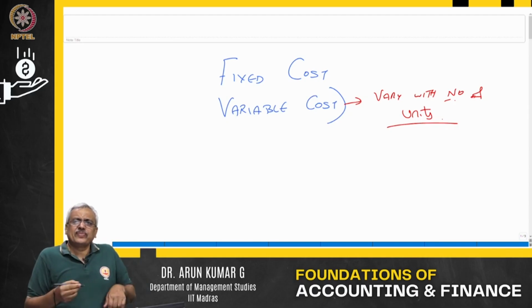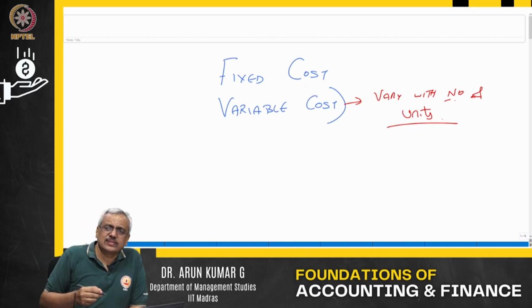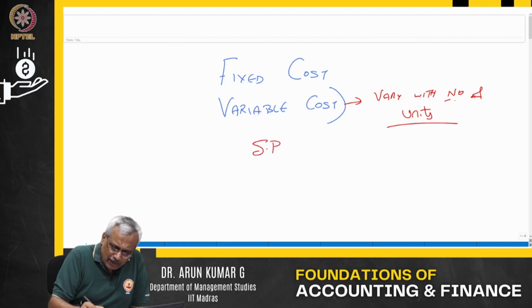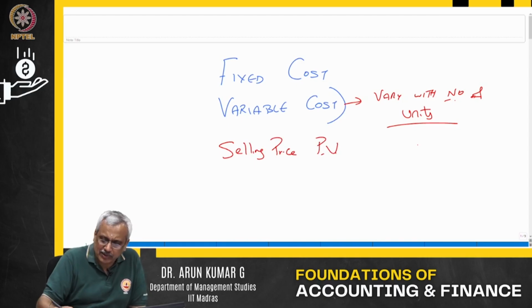So, let us get to slightly numbers. Now, I am going to use some basic numbers. Say my selling price per unit of a particular product is 100 rupees.